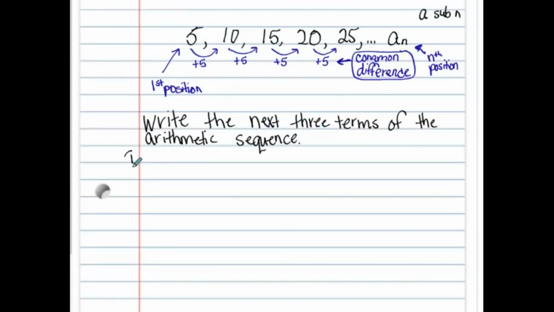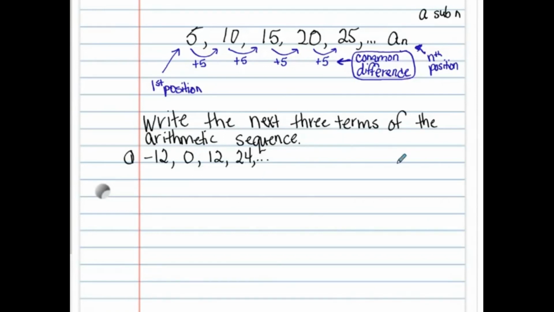So for number 1, we have -12, 0, 12, and 24.